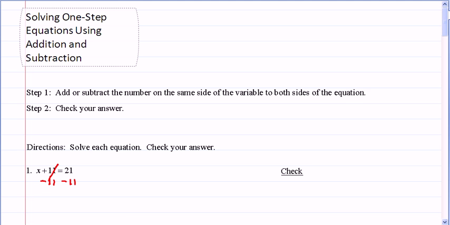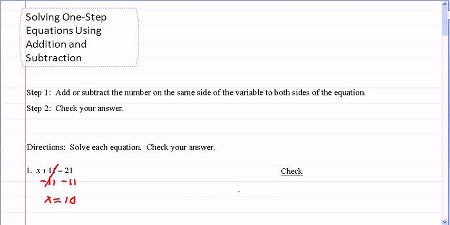What this does is it isolates the variable x so that I have x equals 21 minus 11, which is positive 10. So the answer that I solve for x is x equals 10.